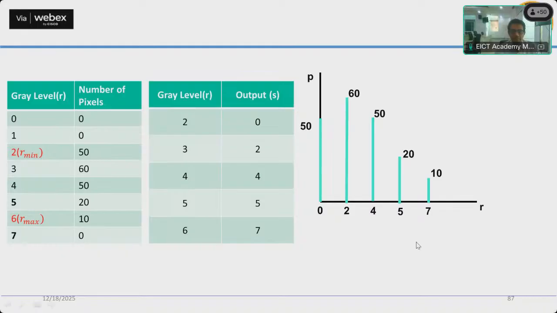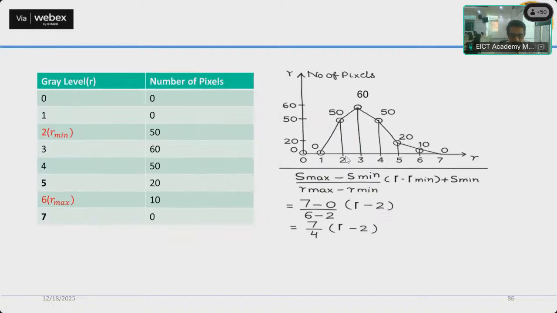Is it making sense? We have done the new problem. What is important here is that it has stretched from 0 to 7. Earlier, your histogram was only beginning from 2 to 6.